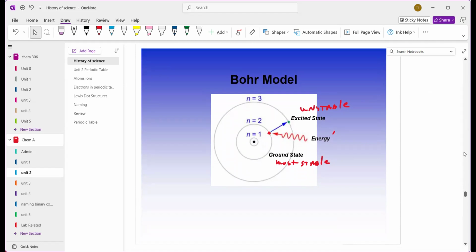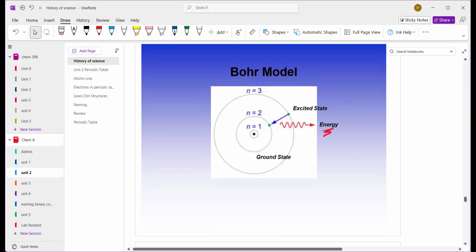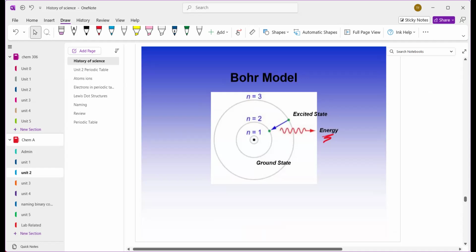And that's called the excited state. Now, it takes an X amount of energy to put it there. And when it comes down, it's going to give off that amount of energy. So if we have 5 electron volts to get it there, when it comes down, it's going to give off 5 electron volts. Electron volts are a measure of energy.